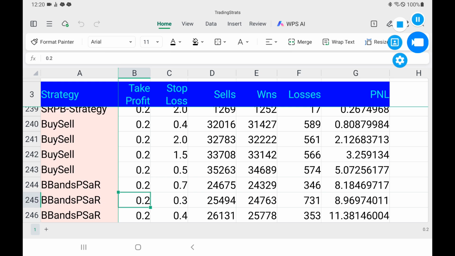Here you see, for example, a 0.7 stop loss and a 0.3. The drastic difference between the losses, and yet the P&L is not that different. That's something to think about also. On a Kraken position size of $10, this would be an $81 profit versus an $89 profit.